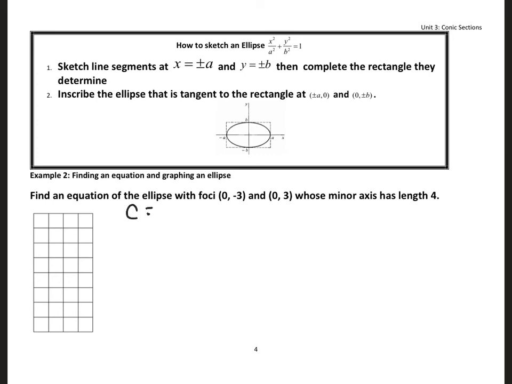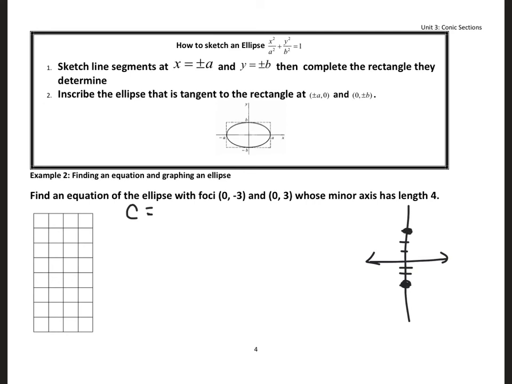We know it's on the y-axis, so let's sketch it here. And the focus is 0, 3, so that's the focus right there.